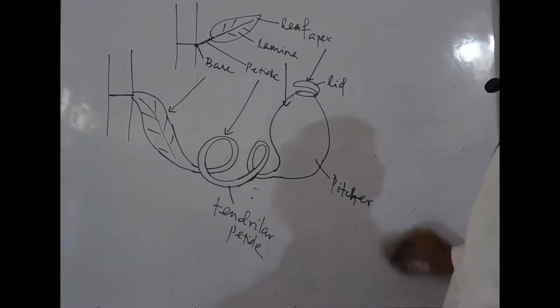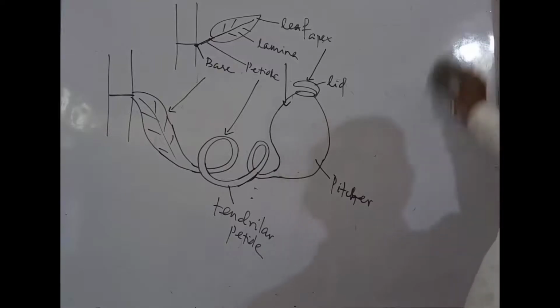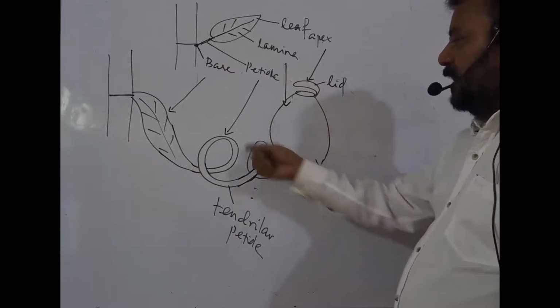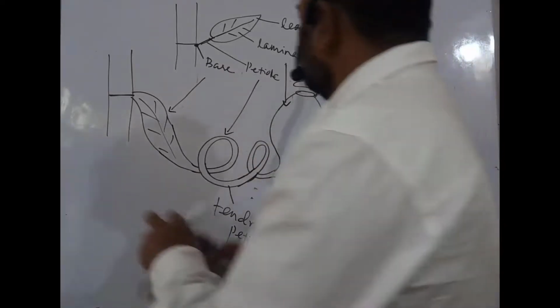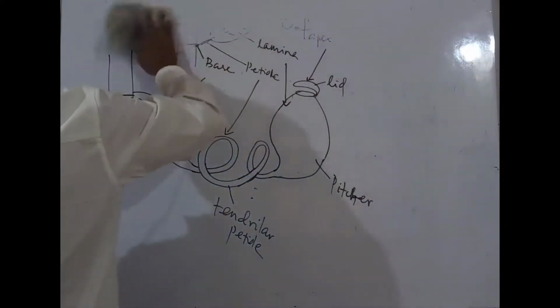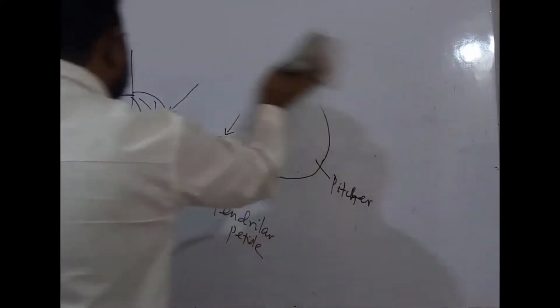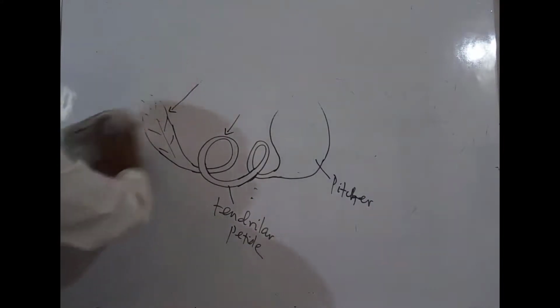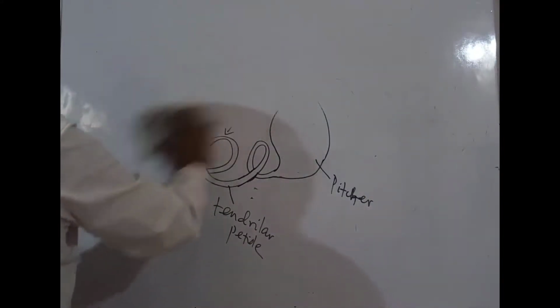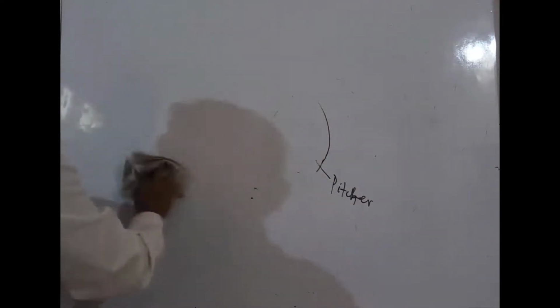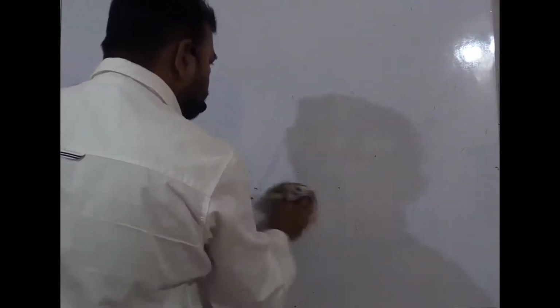In case of the tendrilar petiole, it actually keeps the picture in the right position. That's why the tendrils are there.